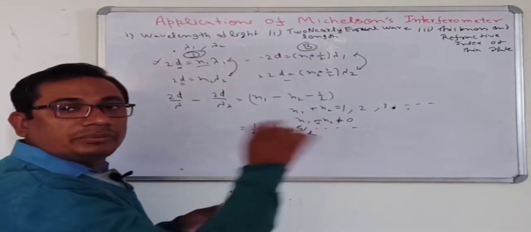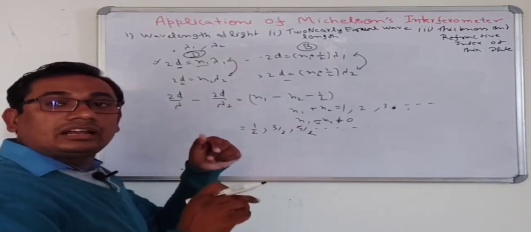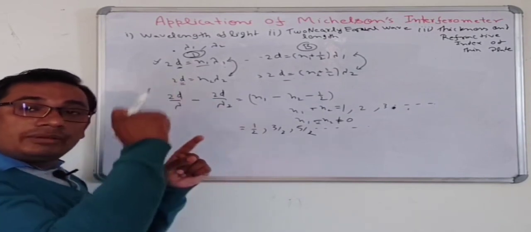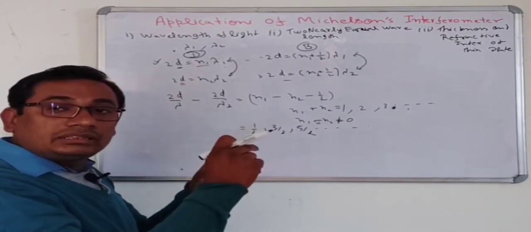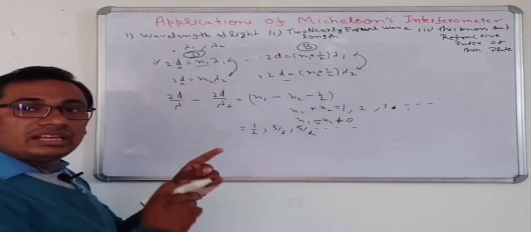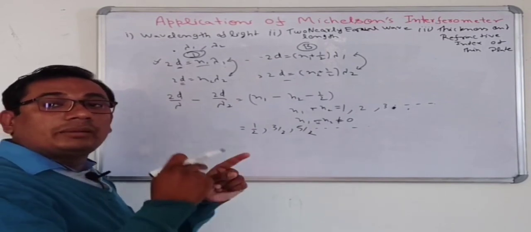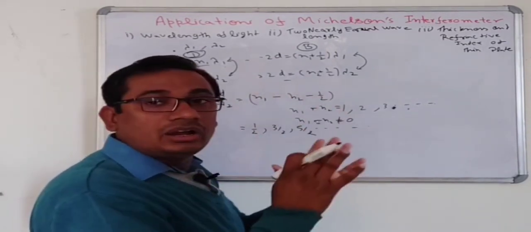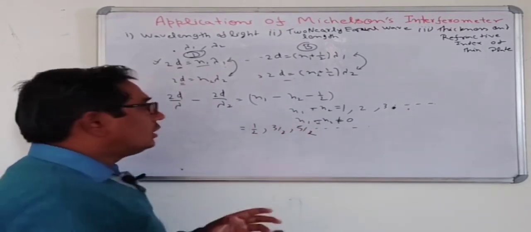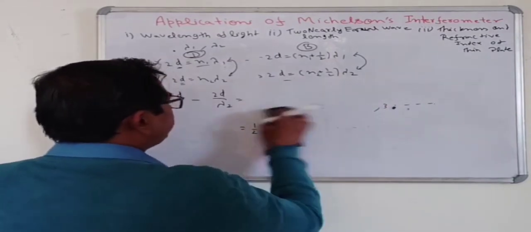When you change the value of d, it means that when the dark of lambda 1 coincides with the dark of lambda 2, or the bright of lambda 1 coincides with the bright of lambda 2, at that condition fringes will appear. At that condition, you can take the difference of any one.